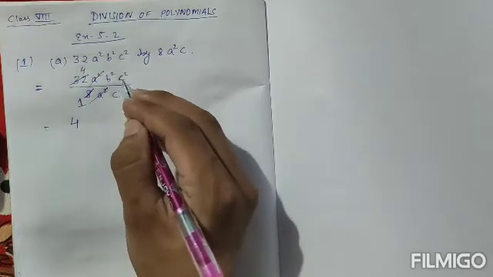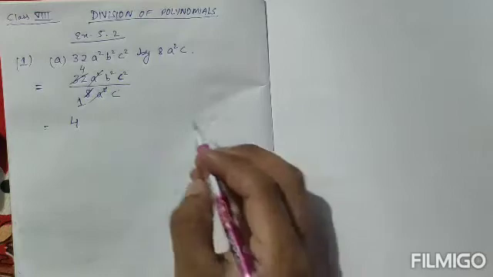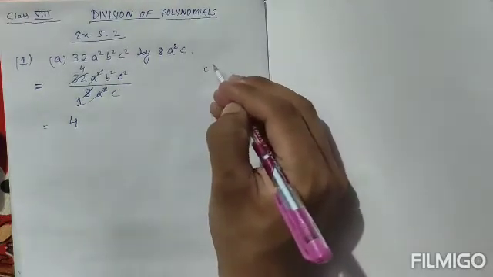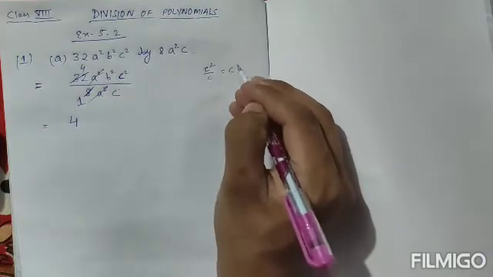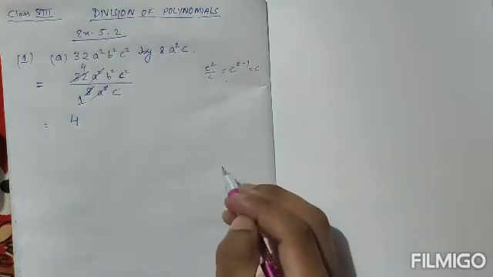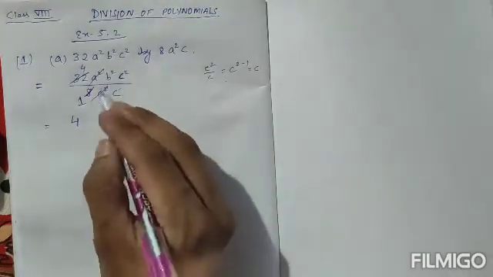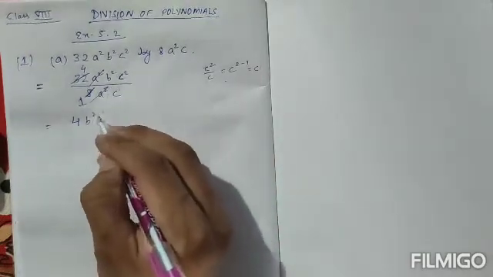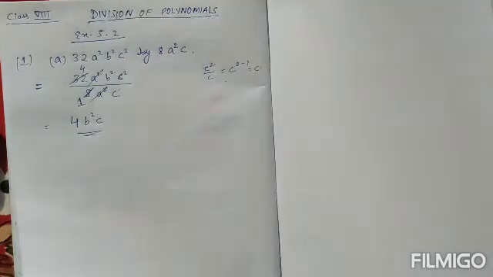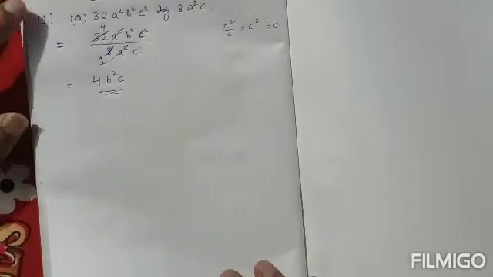Here we have c square and here c, so the power is 2 and 1. According to the law of exponents, c square by c is c to the power 2 minus 1, that is c to the power 1, or simply c. B square will remain as it is. So what is the answer? 4b square c, isn't it?